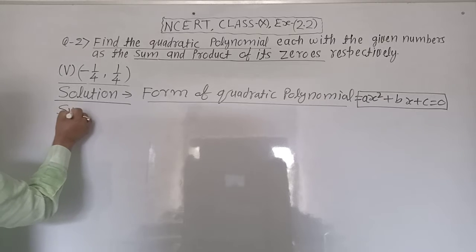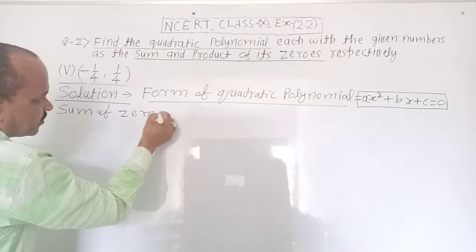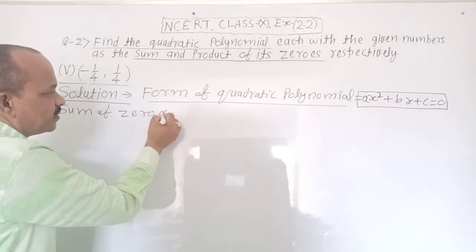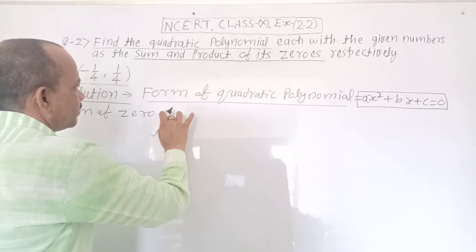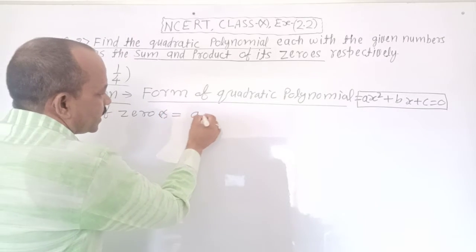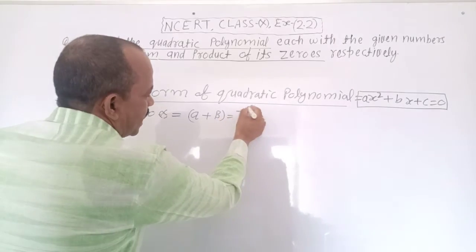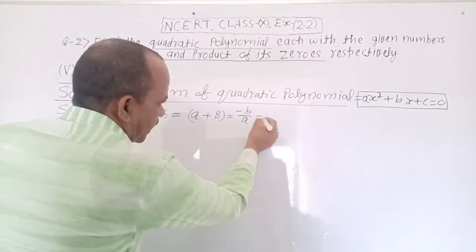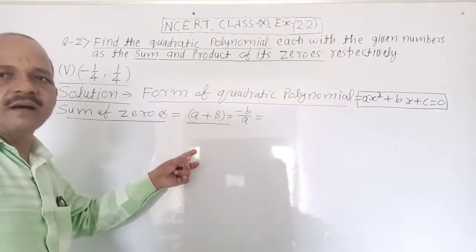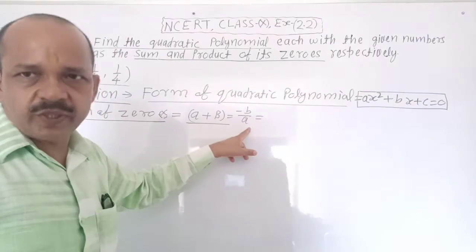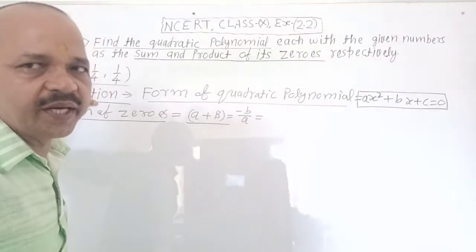Sum of zeros equal to alpha plus beta equal to minus b by a equal to minus 1 by 4.